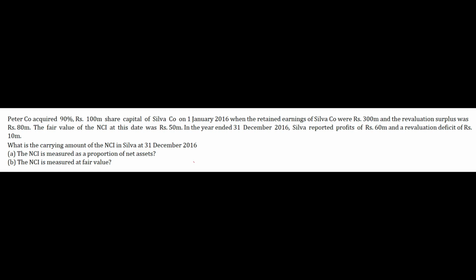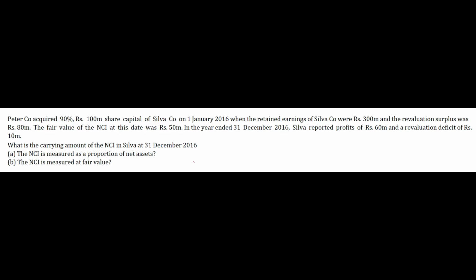Peter Company acquired 90% of the 100 million share capital of Silva Company on 1st January 2016, when the retained earnings of Silva Company were 300 million and the revaluation surplus was 80 million. The fair value of the NCI at this date was 50 million.